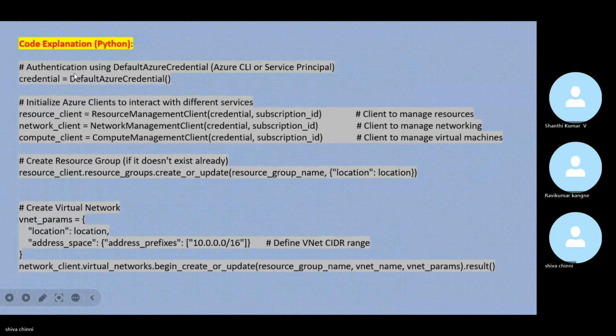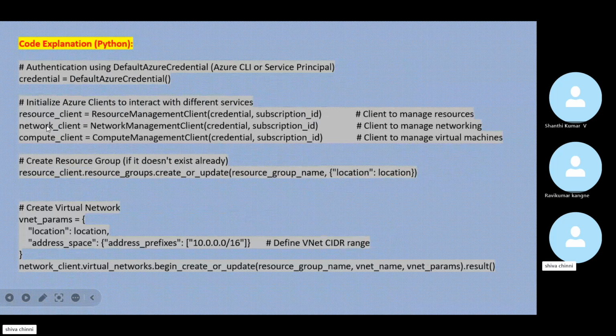Next, you need to authenticate by using DefaultAzureCredential. For that, I'm taking the credential variable. This is the DefaultAzureCredential function. After that, you need to initialize your Azure clients to interact with the different services. For that, you take one resource client variable to manage all the resources. This is the ResourceManagementClient function. It will take the credential and subscription ID.